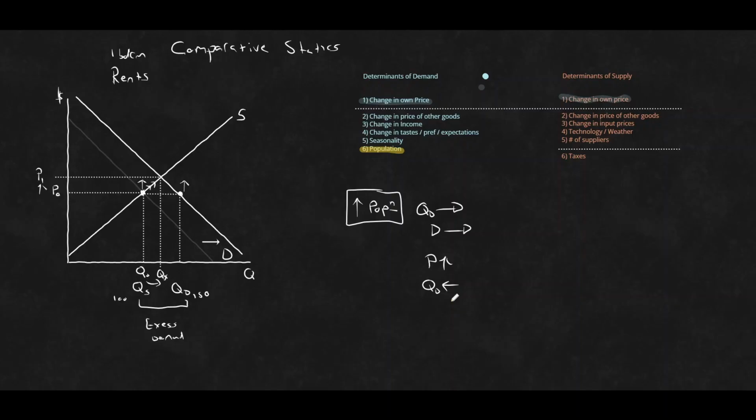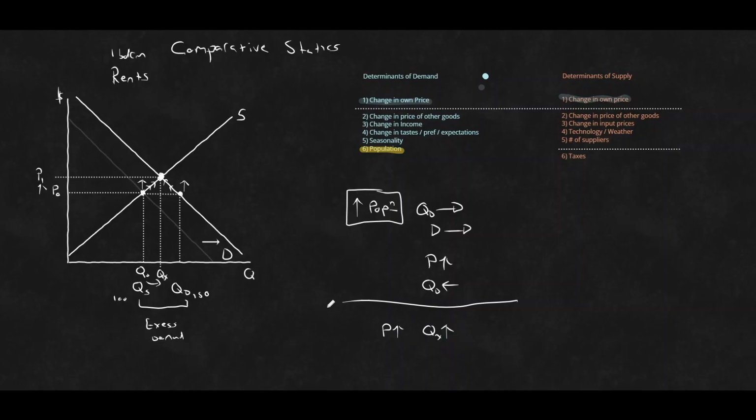I'm either going to start to double up with a roommate or I'm going to leave altogether. As a result, our quantity demanded is falling due to the rising prices, and we're moving along that demand curve until we arrive at that new equilibrium, such that the final overall effect is higher prices of rent and more quantities being exchanged altogether.